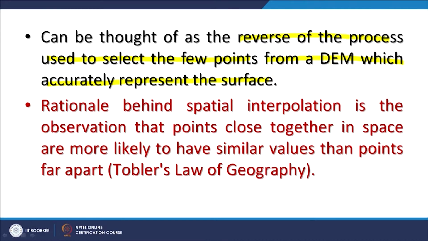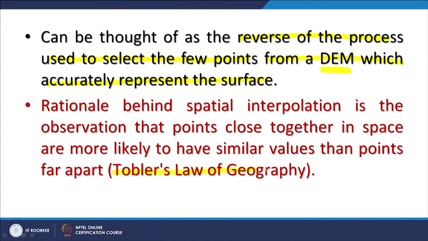And a DEM, as I have already said, in loose terms we are using as a digital elevation model, but that elevation value can be another value. The rationale behind this interpolation is the observation that points close together in space are more likely to have similar values. You recall that earlier also we used Tobler's law of geography, which considers that whichever is the closest will have the maximum influence in the predicted values.